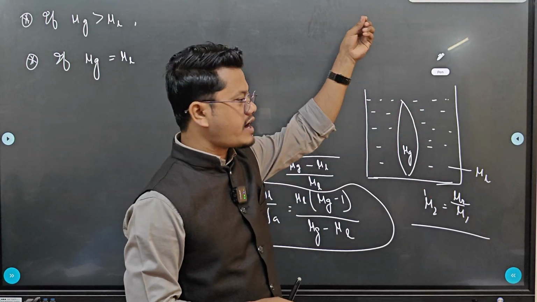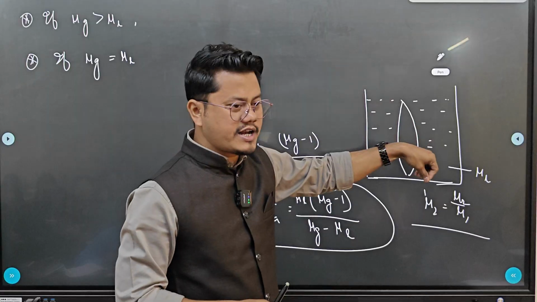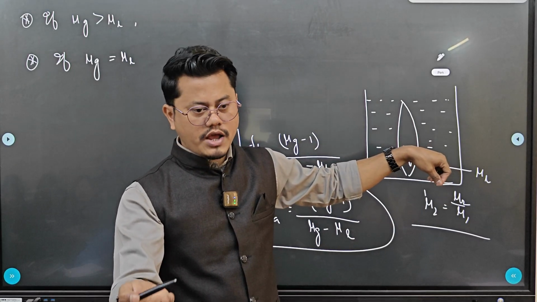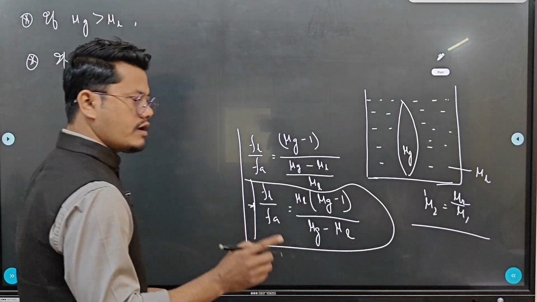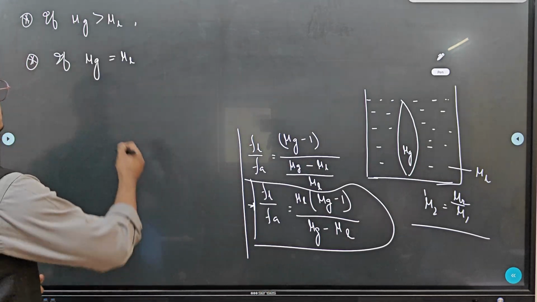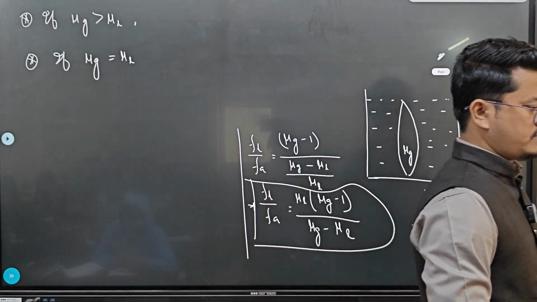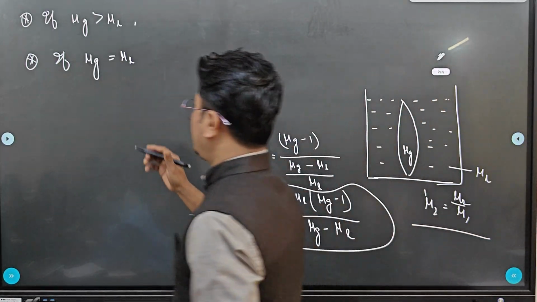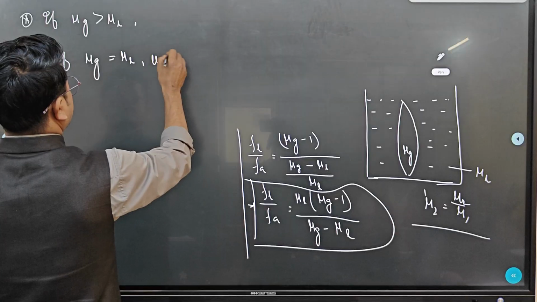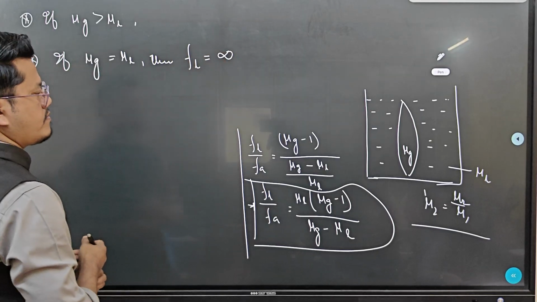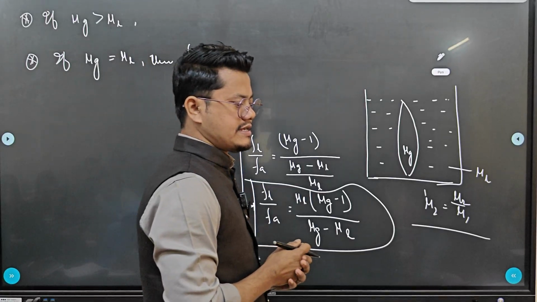If I take out the lens, I can see the lens, but as soon as I enter inside a liquid, the lens becomes invisible, you will not be able to see it. Are you getting what I'm saying? Just write, if mu g equal to mu l, then focal length becomes infinite.